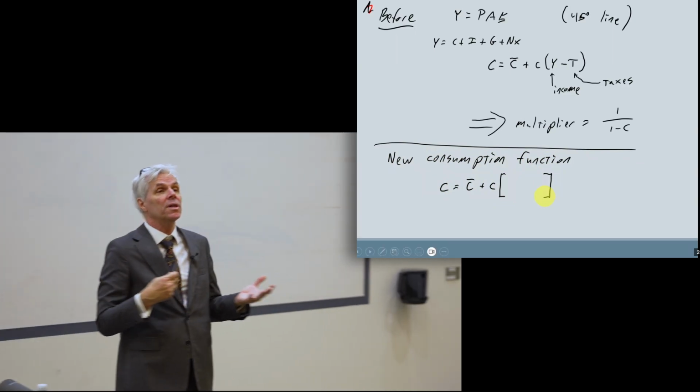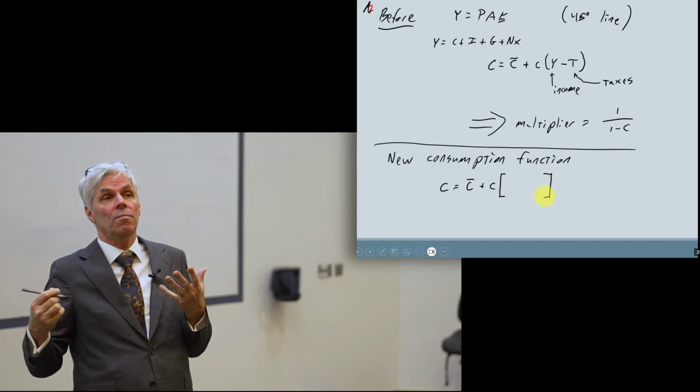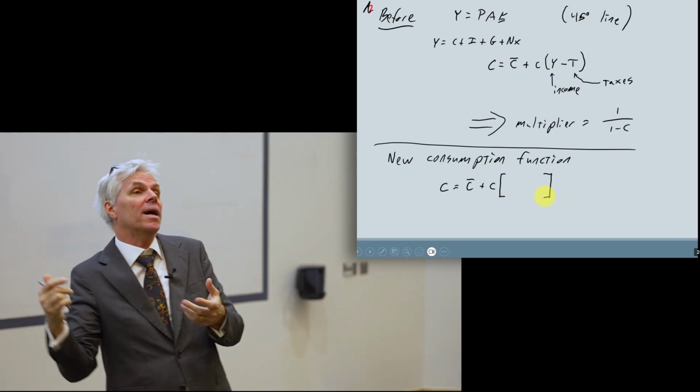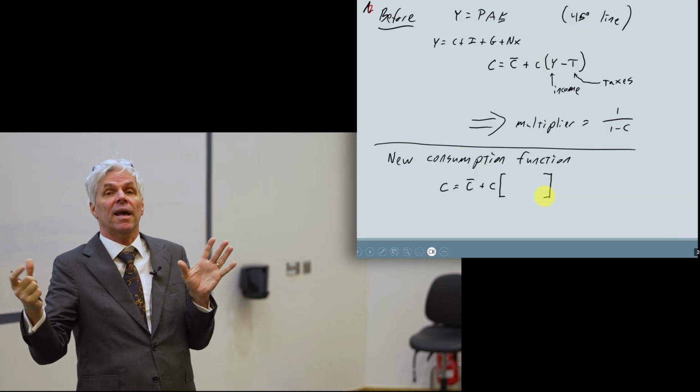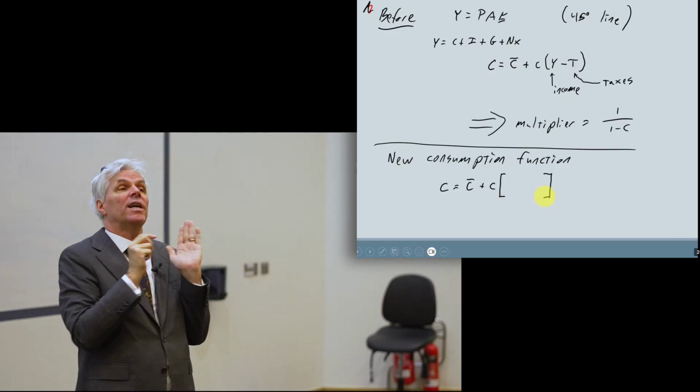But now we want more realistic taxes. We want our taxes to be proportional to our income. Let's say we had a 20% tax rate. If you make 100,000 euros, you pay 20% of that. If you make 1,000,000 euros, you pay 20% of that. If you make 10,000 euros, you pay 20% of that.